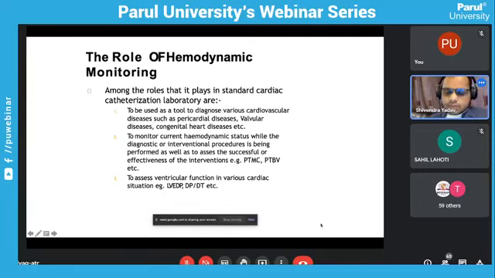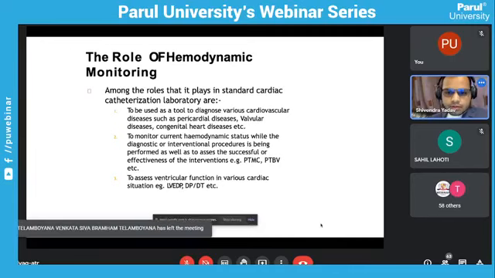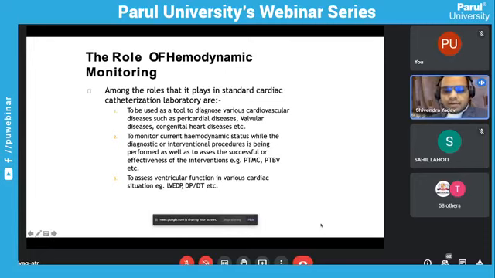This is also the most important part of monitoring when we do a procedure like balloon mitral valvotomy, called PTMC, or balloon aortic valvotomy, any balloon procedure, any therapeutic procedure which we do. This is important because we check the gradients between the two chambers, and this is only possible with the hemodynamic data. As I told you, before echo existed, this was the first tool to diagnose any form of cardiac disease.